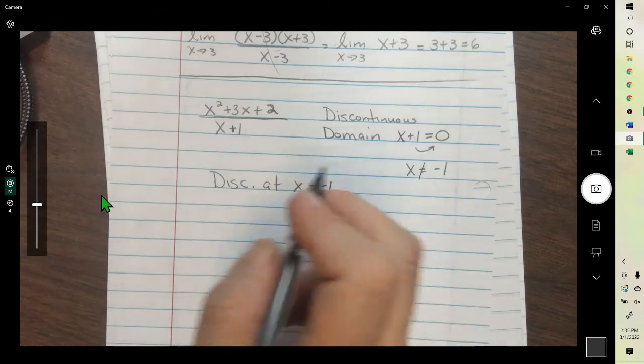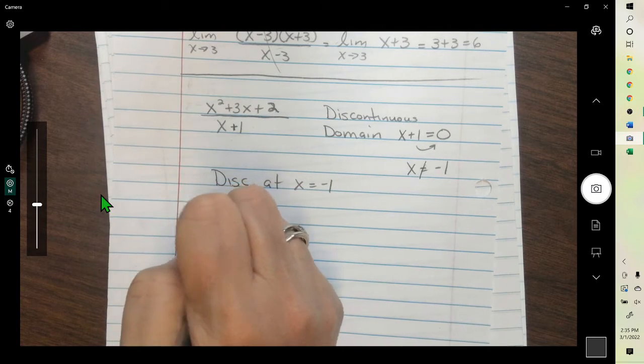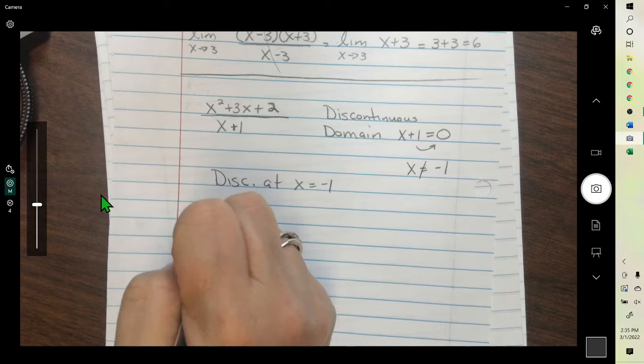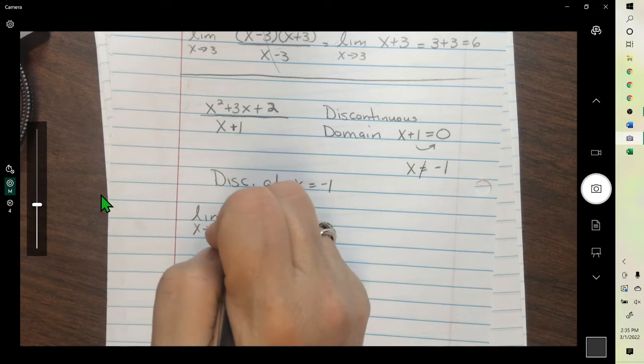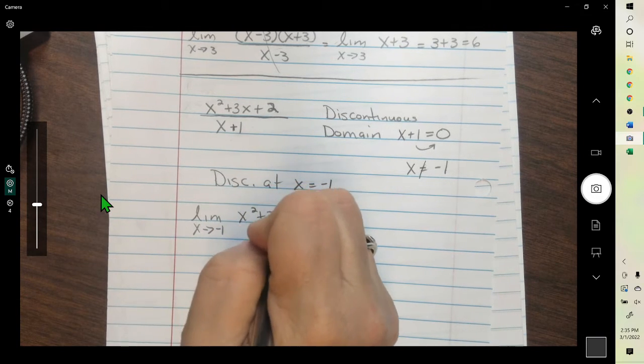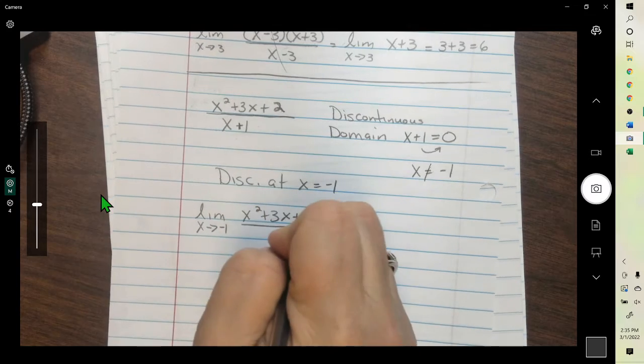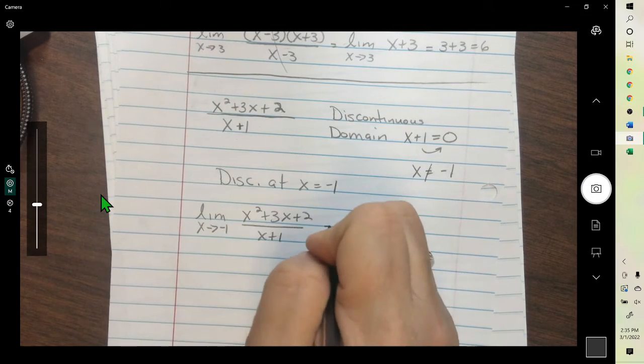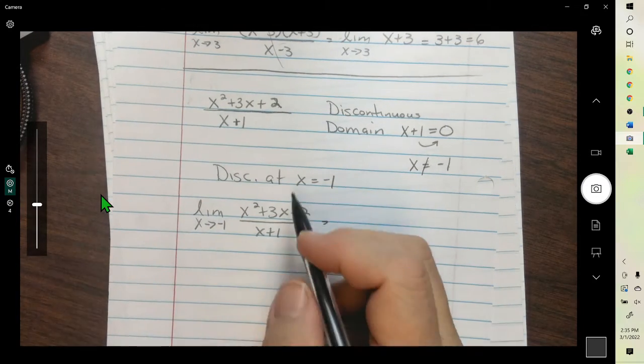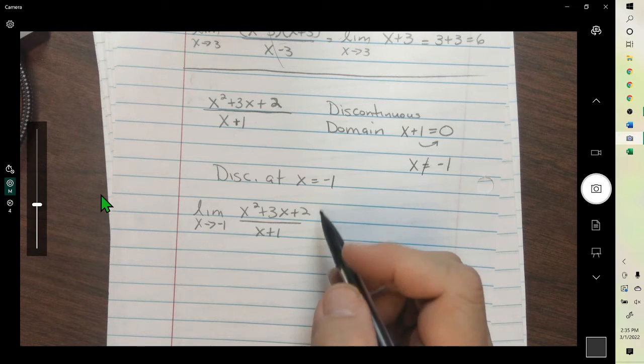So wherever it's discontinuous, let's find the limit as x approaches that value and see if it exists. Well, the first thing you want to do, plug it in and see what you get.